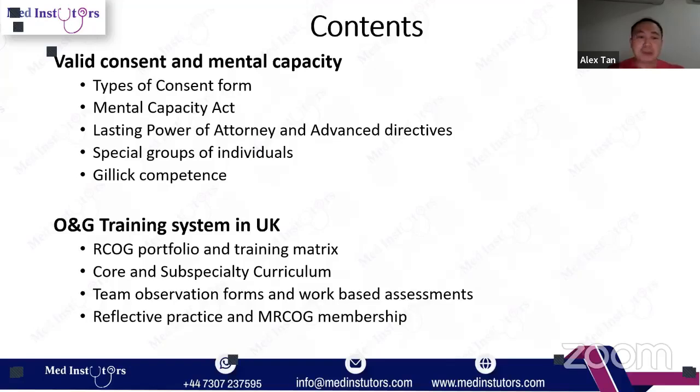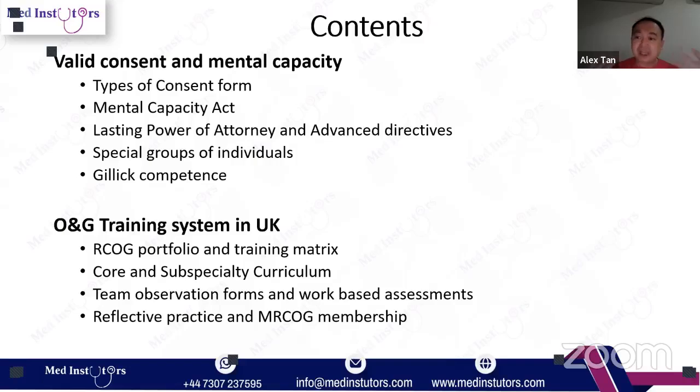If possible, I'll go through some special groups of individuals which will be picked for the exam stations and maybe go through with you what duty of candour is, which I believe most of you would know from your reading materials. For those who may not have access to the O&G training system in the UK, like you can't get access to the logbooks, the mini-CEXs, the CBDs, the OSATs, I'm happy to share with you my own portfolio, the training matrices that you can get from the RCOG website, the curriculum that they currently use.